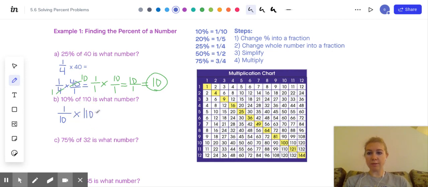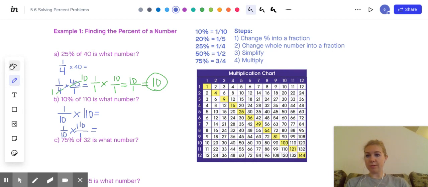Is means equals. Step 2 says to change the whole number into a fraction. So we still have 1/10 times. To change 110 into a fraction, we're going to put 110 as the numerator, the top number, and then 1 as the denominator.